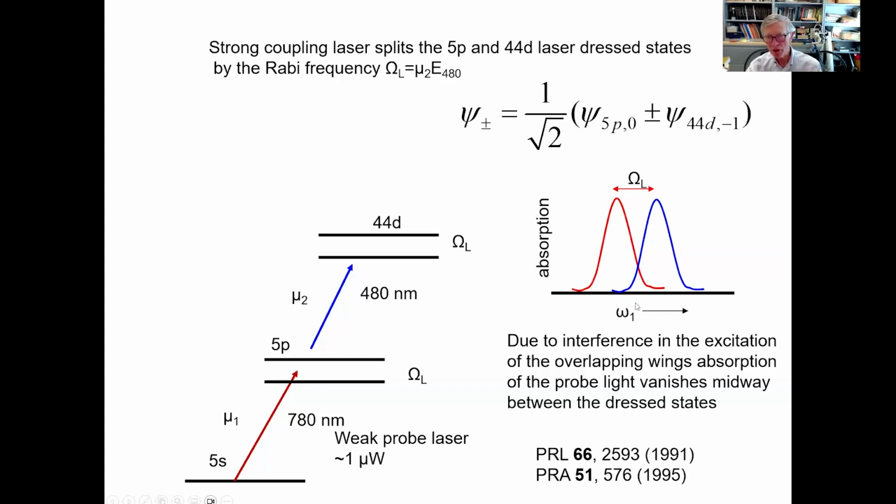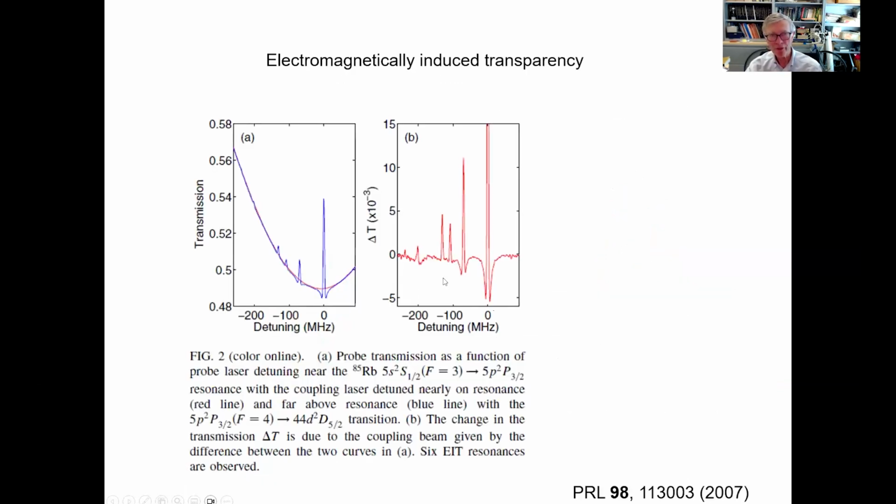And so in the region where they overlap, you in fact have to add the excitation to the red state and the blue state. But in fact, those two excitations are out of phase with each other by pi. And so they cancel. And that's why you get the peak in between the center of these two lines. And so that's the origin of this peak. It's the cancellation of the excitation to each of the two dressed states.